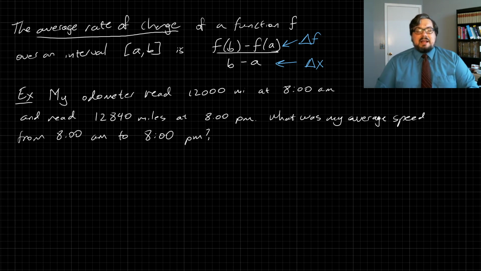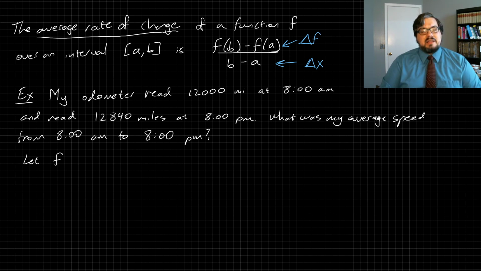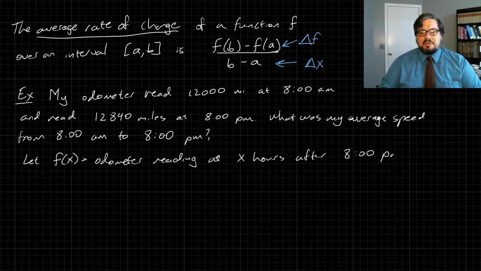So one way that we can set this up is to use a function. So let's let f of x be the odometer reading at x hours after 8 o'clock a.m. All right, so x is the number of hours after 8 o'clock a.m. Yeah, sorry.